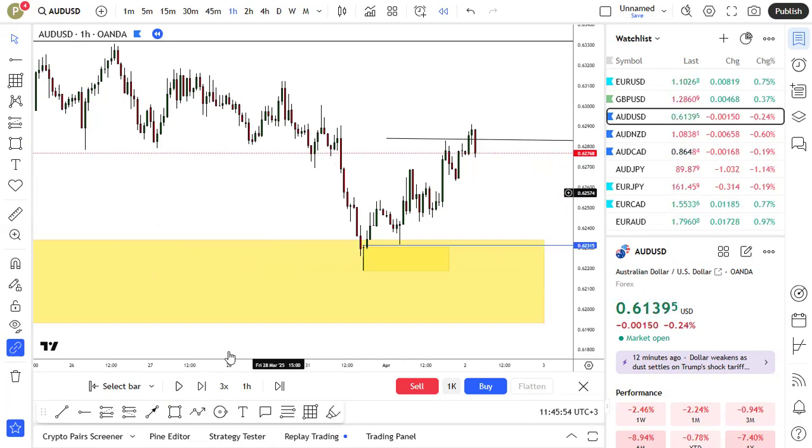So you can clearly see we had a very good expectation that price is going to come down into this bullish order block, and we're going to buy from there because we are bullish on the daily, we are also bullish on the 4-hour, and right now on the hourly time frame we expect price to come down into this.